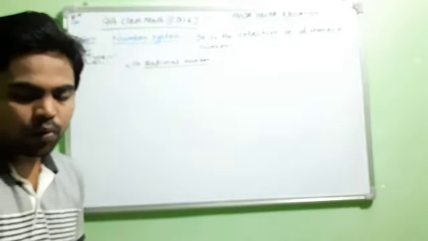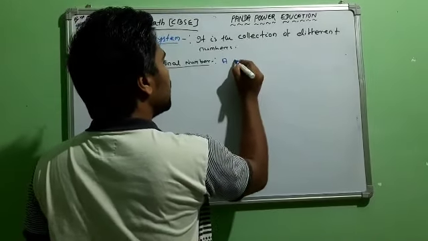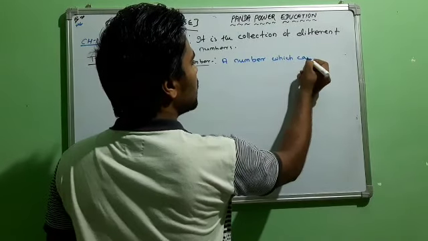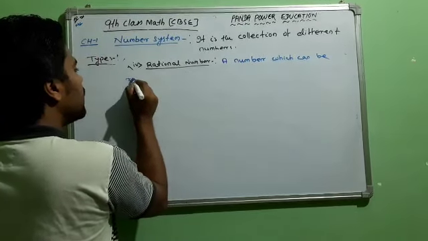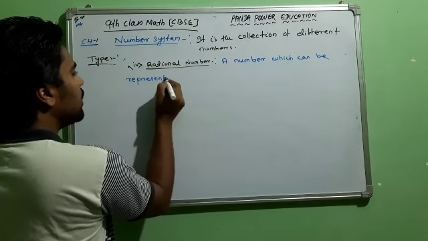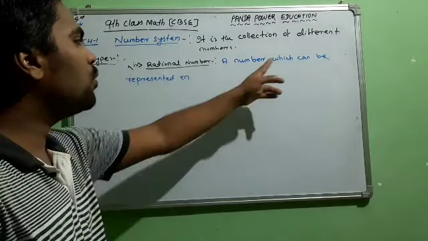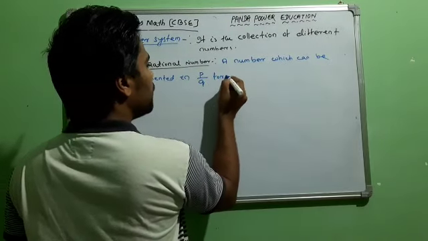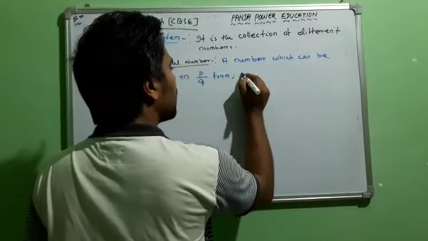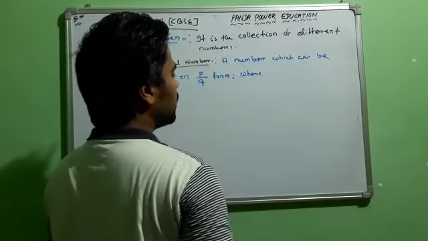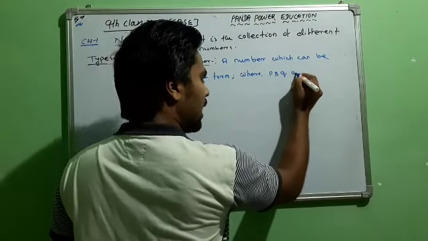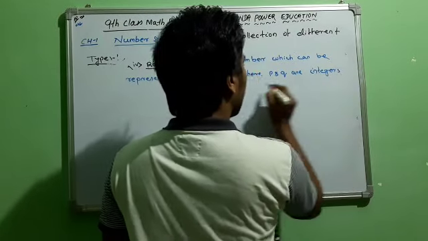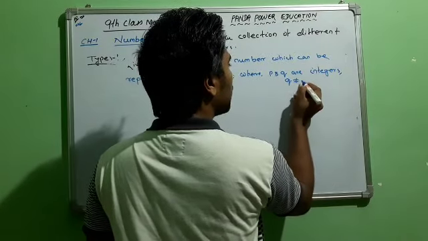Write down: a number which can be represented in p by q form, where p and q are integers and q is not equal to 0, is called a rational number. p may be 0 or not 0, but q is not equal to 0.